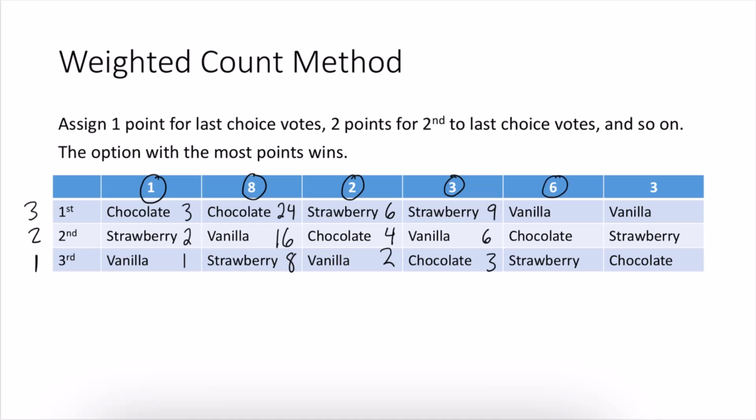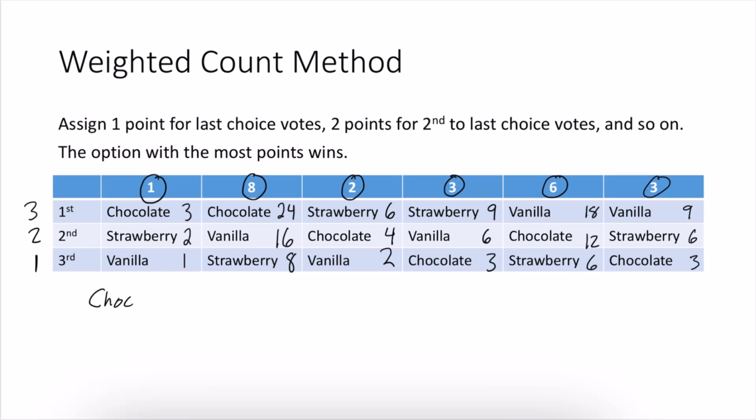These 6 people contribute 18 points to vanilla, 12 points to chocolate, and 6 points to strawberry. And the last column, these 3 votes contribute 9 points to vanilla, 6 points to strawberry, and 3 points to chocolate. Then to figure out which one wins, you just add up all the numbers to figure out how many points each choice gets.